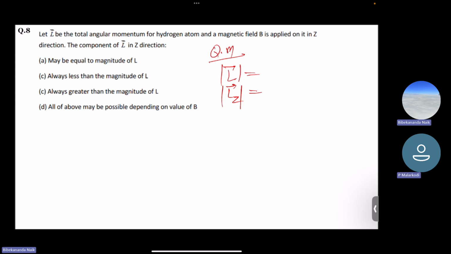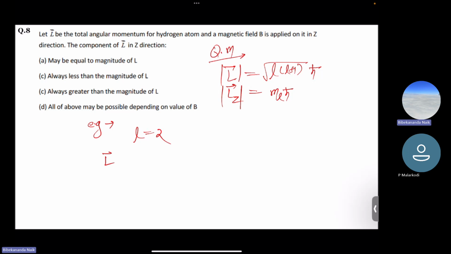So the L vector magnitude is root of L into L plus 1 times h cross, and Lz is ml h cross, isn't it? Suppose L is 2.